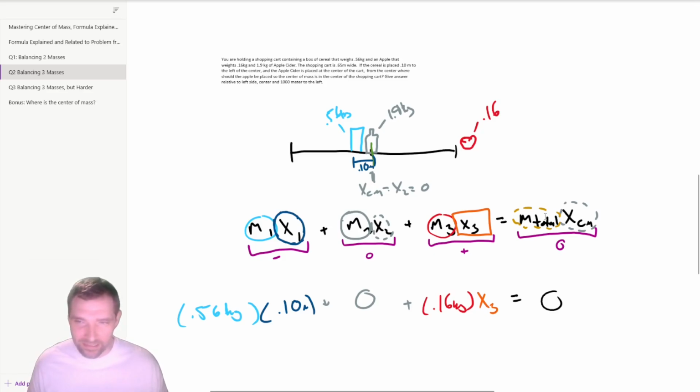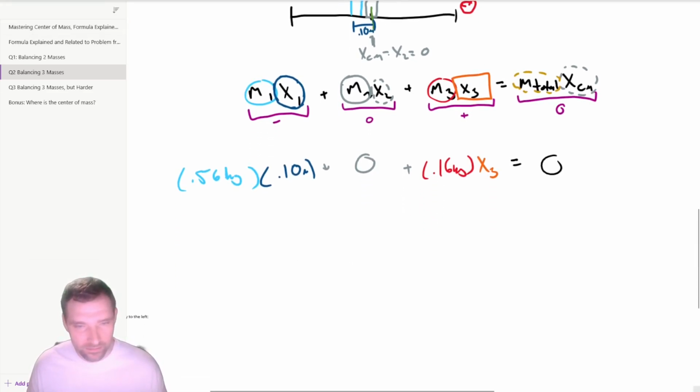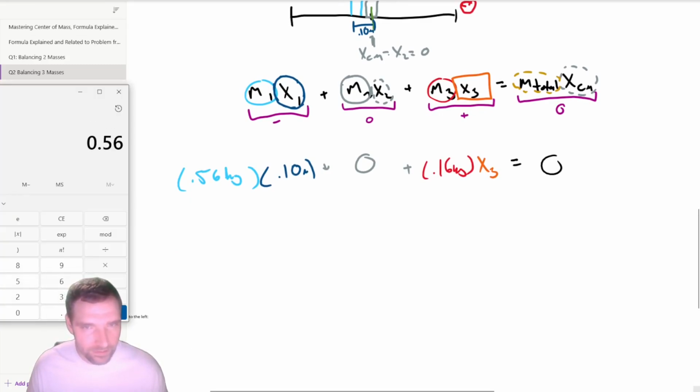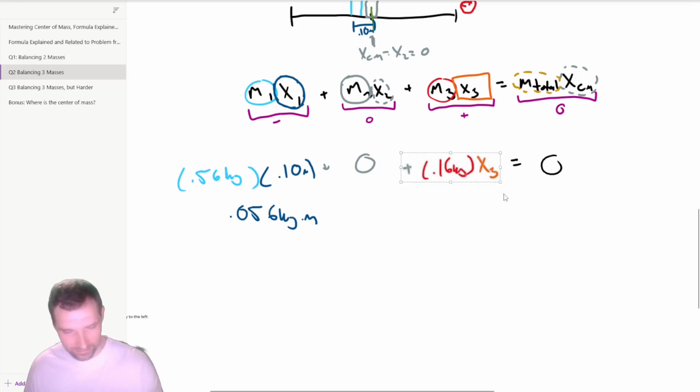So if you multiply any number by 0, it ends up being 0. So if we just multiply our 0.56 times the 0.10, we get 0.056 kilogram meters for that. That's contributing to the center of mass, and that's going to be added to this, which is equal to 0.